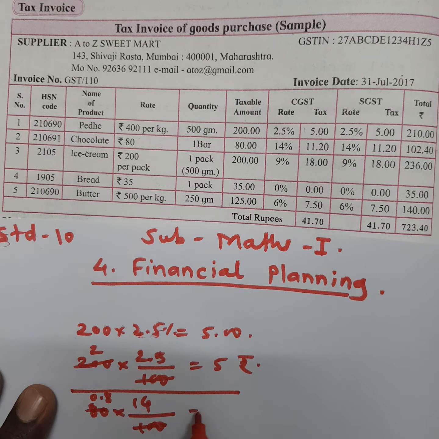Therefore 11.20 plus 11.20 is 22.40, and 80 plus 22.40, the total amount, will be 102.40 rupees.